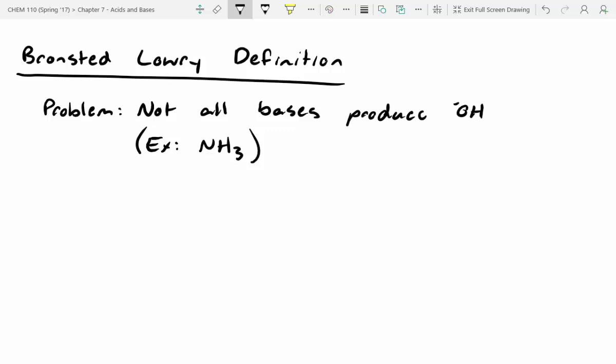There's also another problem. If we look at the Arrhenius definition, we said acids produce protons, but subatomic particles just don't float around in space like that, right? It's kind of weird to think about it that way, but they don't exist as free-floating protons in solution. That just doesn't happen.